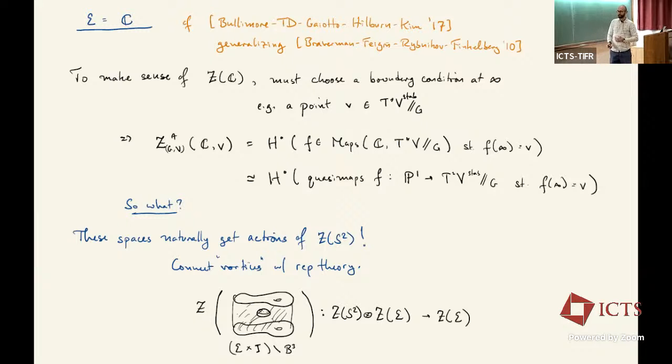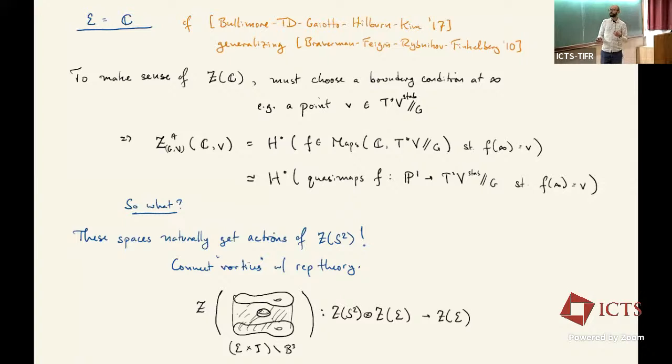And the answer from the 3D TQFT point of view is that all of these spaces naturally get actions of the algebra Z of S2. The action comes from a 3D cobordism involving the surface we're talking about times an interval with a little ball removed.